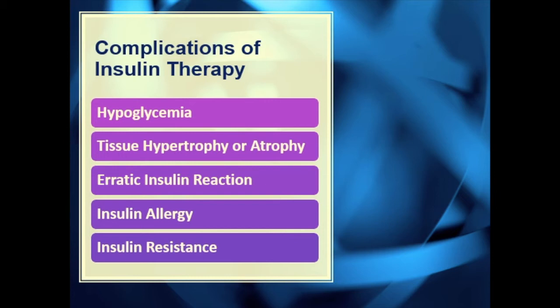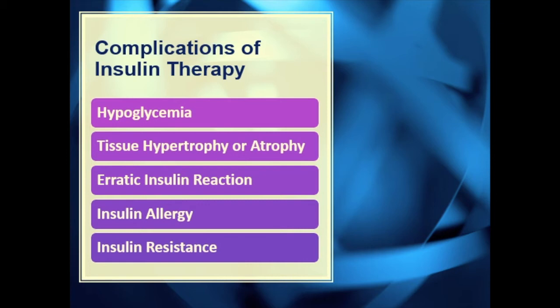Then you have tissue hypertrophy or atrophy, which can be prevented by the rotation of your insulin injection sites. For the erratic insulin reaction, we have the Somogyi phenomenon. You also have the Dawn phenomenon, which we will be talking about later on. Insulin allergy: if ever your patient manifests with signs of allergy, for example hives, itchiness, redness, swelling, it needs to be referred right away to the physician for antihistamine medications to be given.